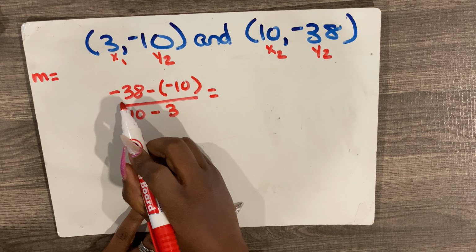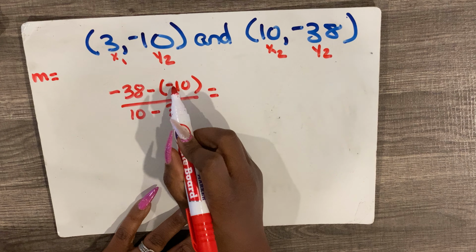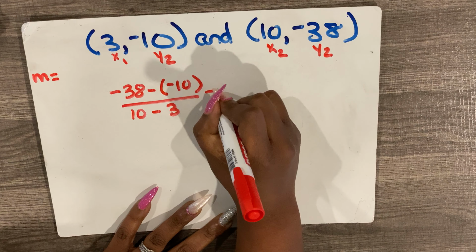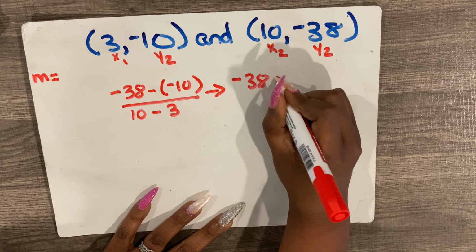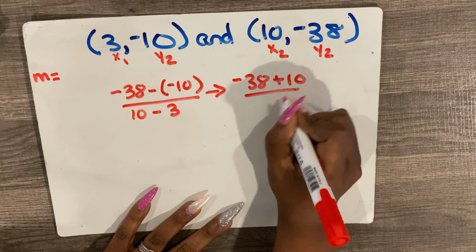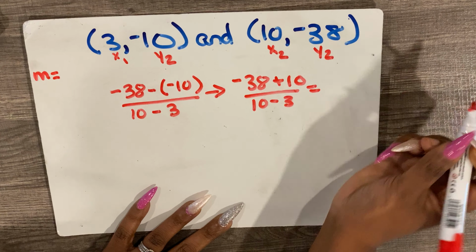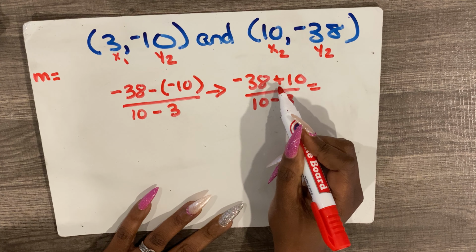So I have a negative 38 and a negative times a negative 10. So what this really should look like is 38 plus 10 divided by 10 minus 3. Because remember, a negative times a negative is a positive.